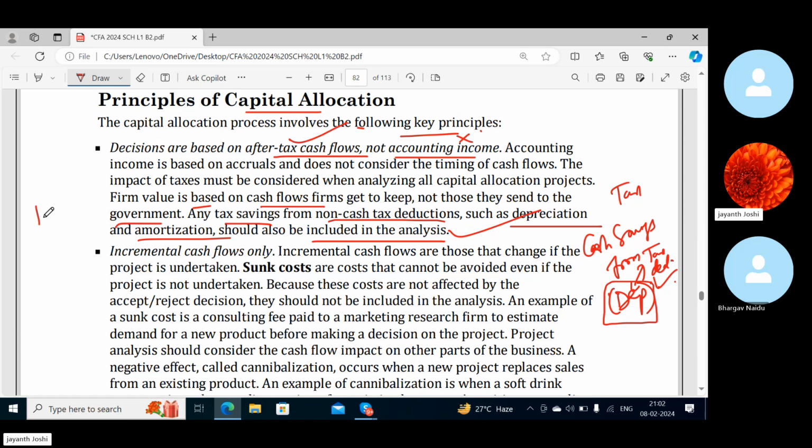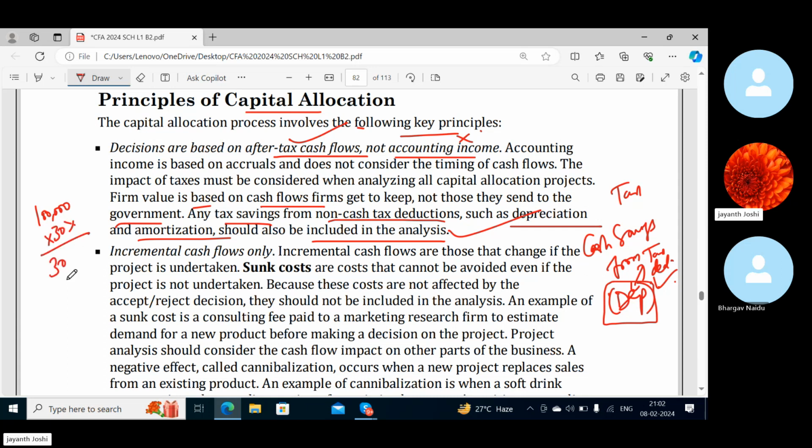So let's say you had 100,000 taxable income and you cannot claim depreciation as an expense, you cannot consider depreciation as a tax allowable deduction. Then you have to pay 30% tax on this.